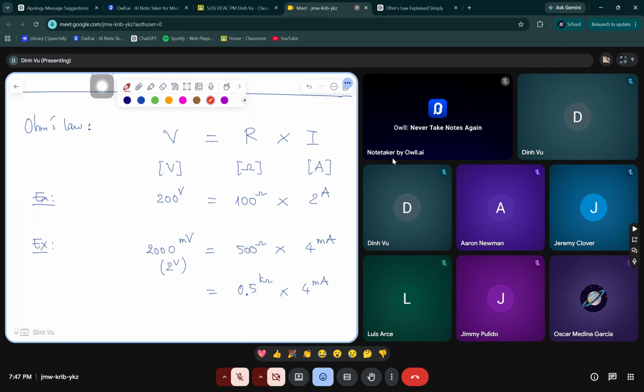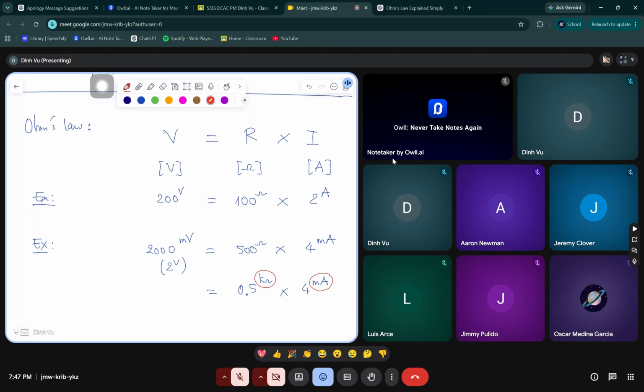So what will we have? Kilo ohms here is 1,000 times larger. Milliamp here is 1,000 times smaller. If you multiply them, they cancel each other. Right?